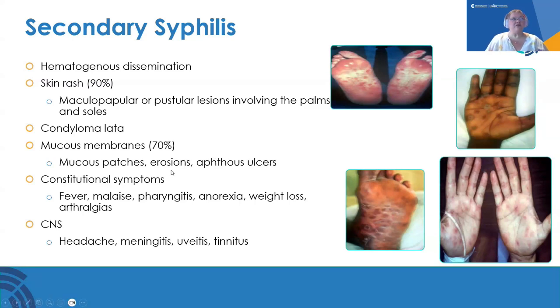Mucus patches, erosion, and canker sores in your mouth can happen secondary, along with more constitutional symptoms. Like I said, it's going throughout the body, so you're going to get more generalized fever, malaise, anorexia, weight loss, which can also mimic HIV new infections. And then always be on the lookout for headache, meningitis type symptoms, eye and ear symptoms.